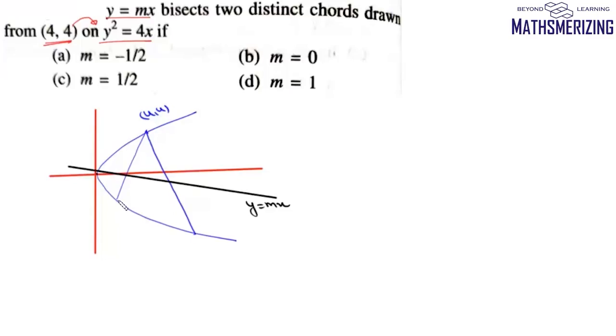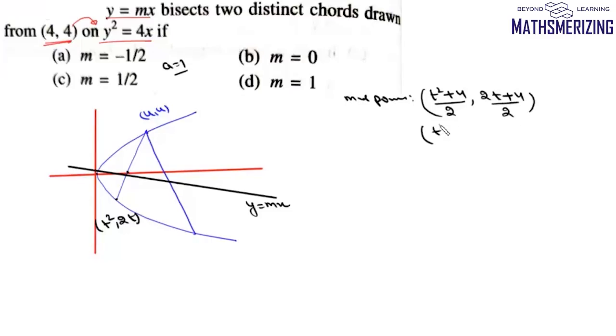So what I'll do is, I'll say suppose this other end is (at², 2at), and a in this case is simply 1. So it'll be (t², 2t). Now we'll find the midpoint of this chord. So the midpoint of this chord will be ((t² + 4)/2, (2t + 4)/2).